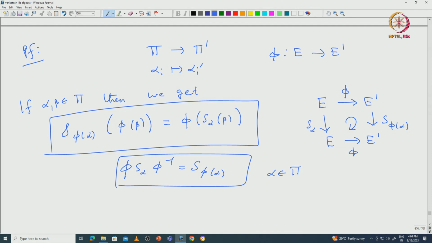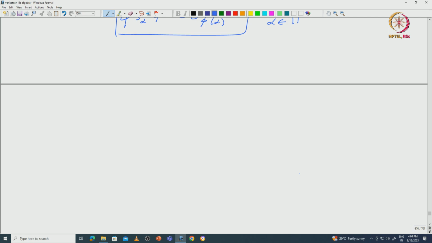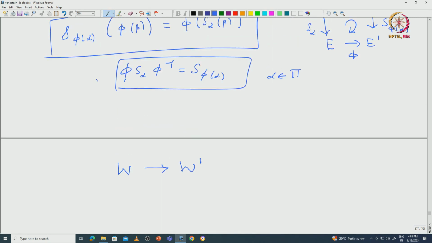But note that your Weyl group is actually generated by simple reflections. So since it is generated by simple reflections, this map that we have from E to E' naturally gives us a map from the Weyl group W to W'. So what is the map?